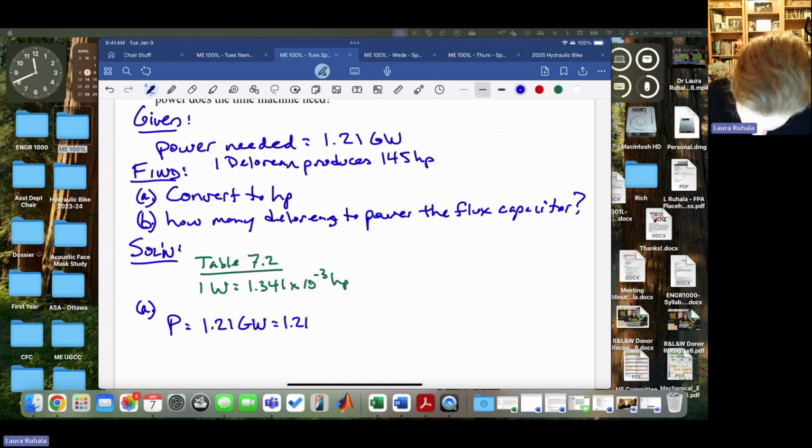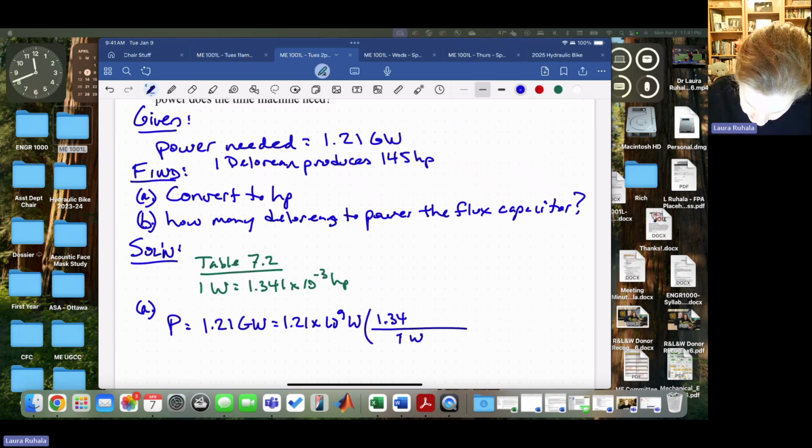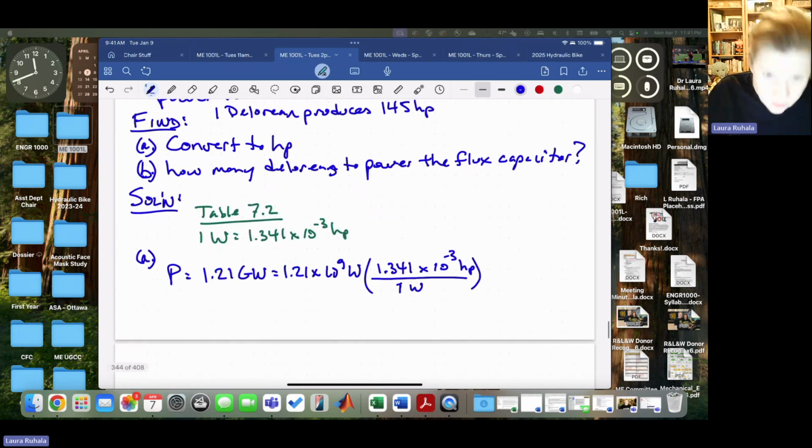So that is 1.21 times 10 to the 9 watts. And now let's do the conversion. That 1 watt, I'll put in the denominator, is 1.341 times 10 to the minus 3 horsepower. Do the math, get out your calculator.